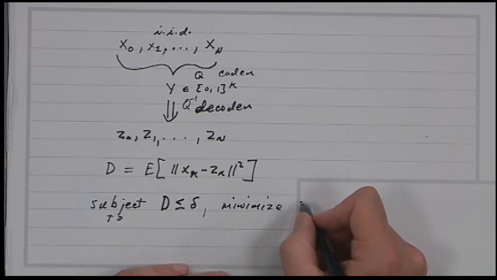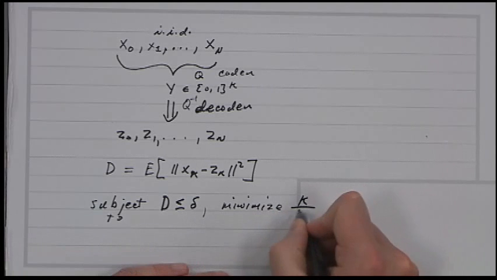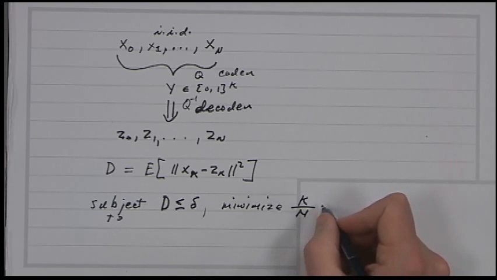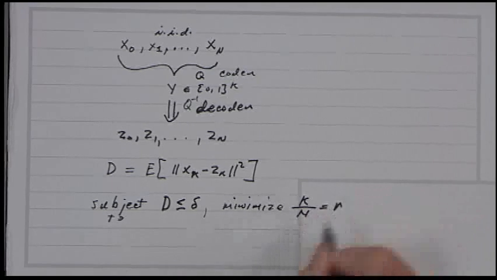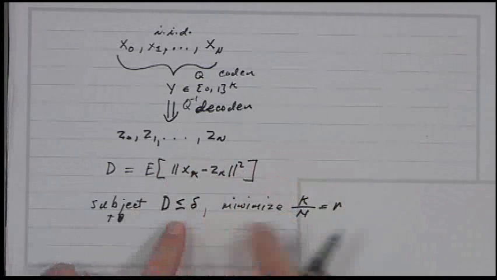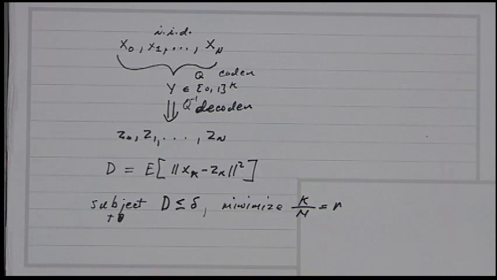The bit rate means you want to minimize k over n, because that's the number of bits per symbol it took, and we can call that r. So you want the minimum rate subject to a distortion constraint. So the question becomes, what's the best coder?